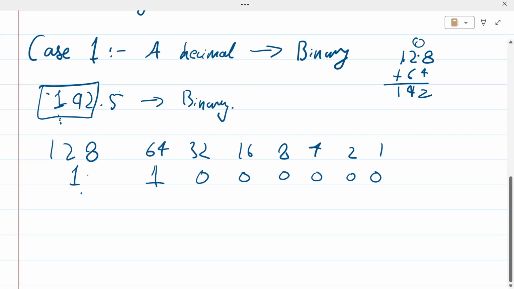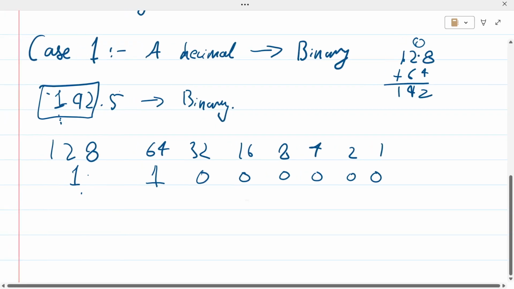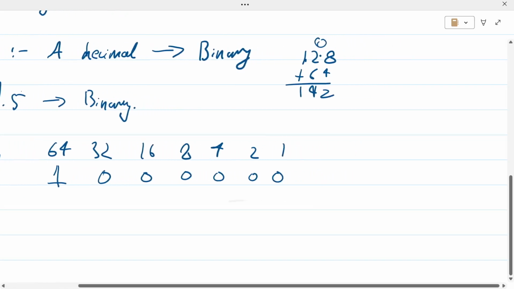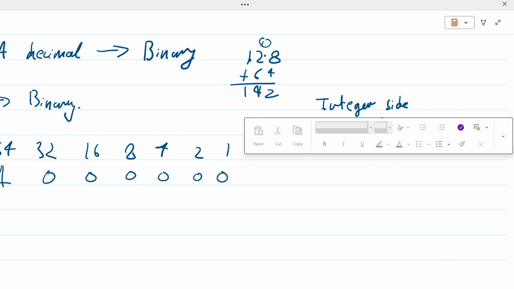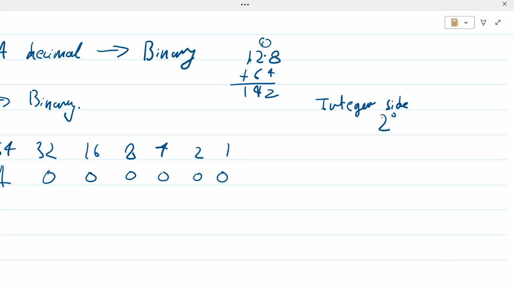Now let me explain one thing. Just like on the integer side, since the days of O levels and A levels, the integer side is written as 2 raised to the power 0, 2 raised to the power 1, 2 raised to the power 2, 2 raised to the power 3.